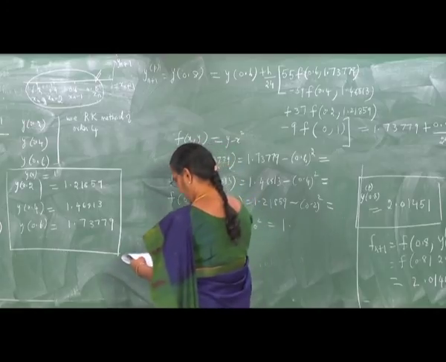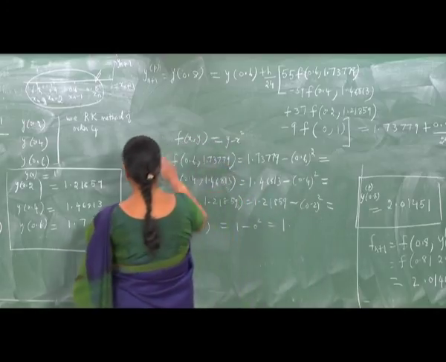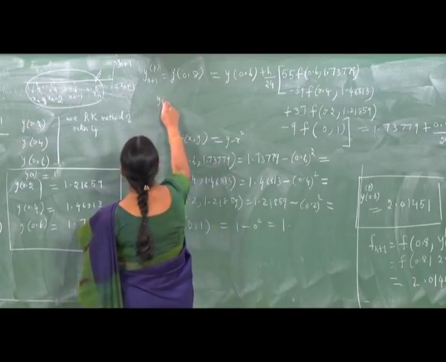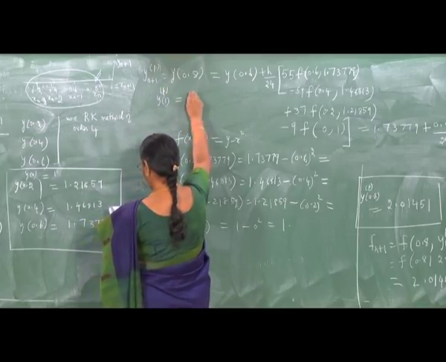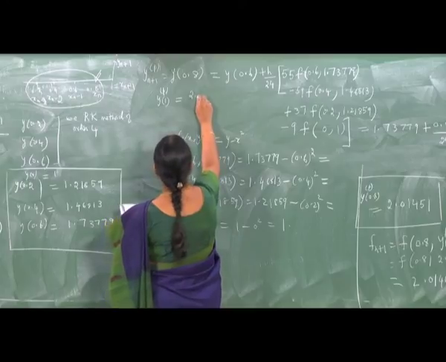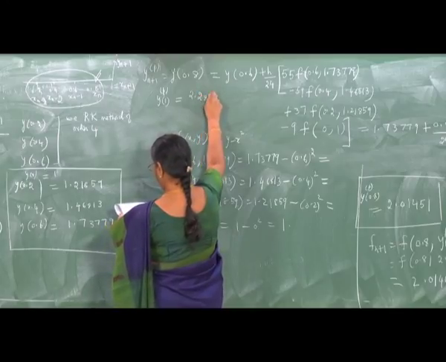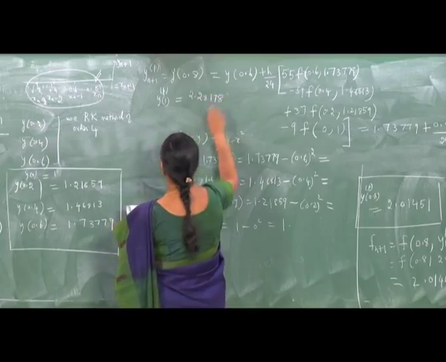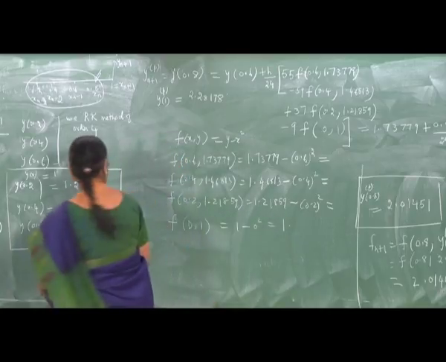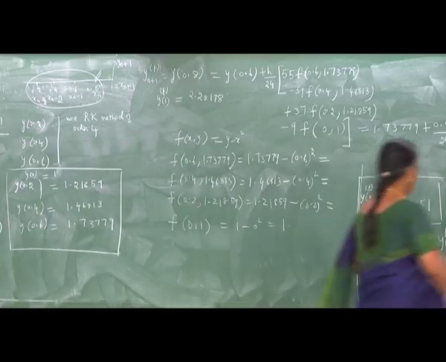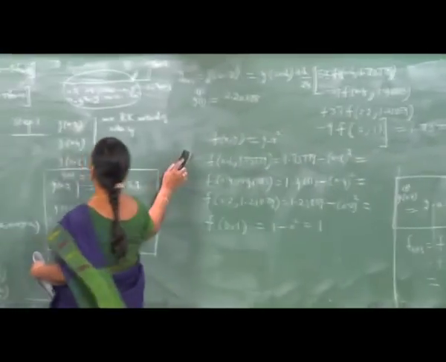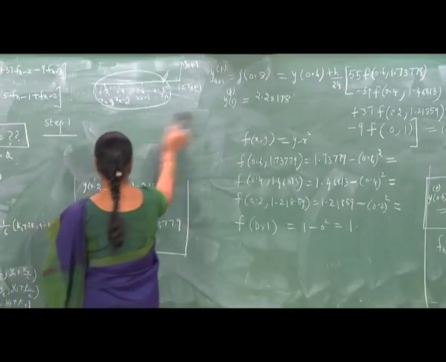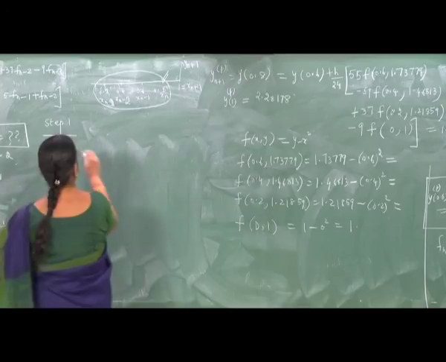The predicted value, y at 1 predicted, turns out to be 2.28178. I can give you the steps just before the final answer so that you can check the details yourself.